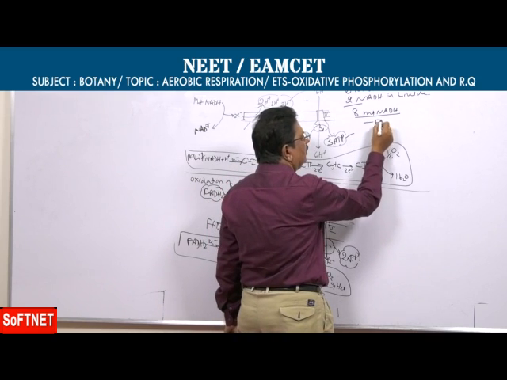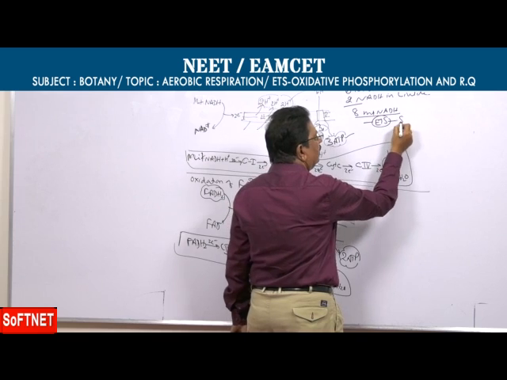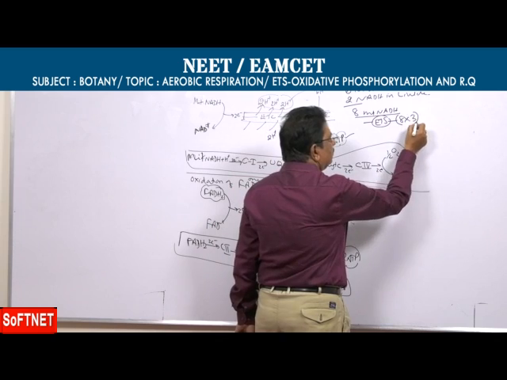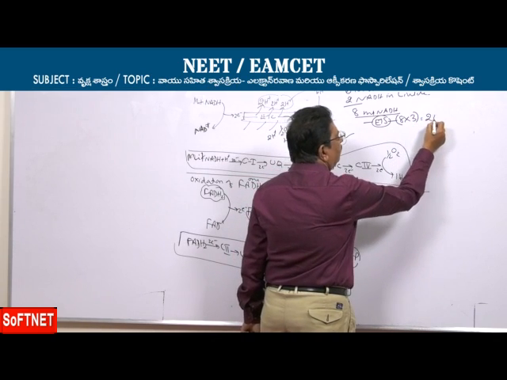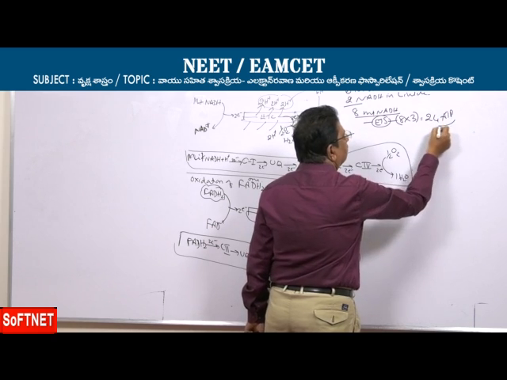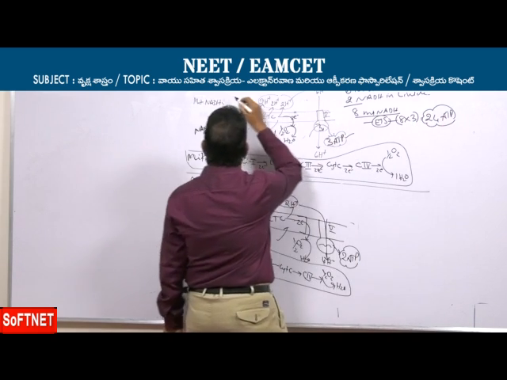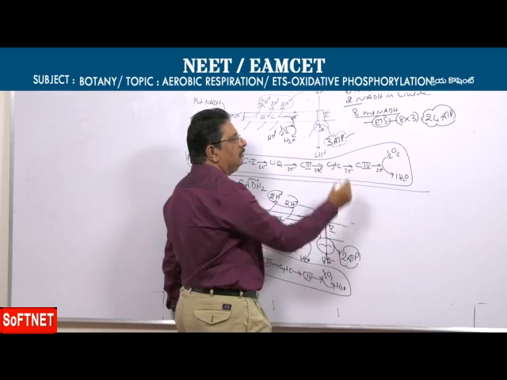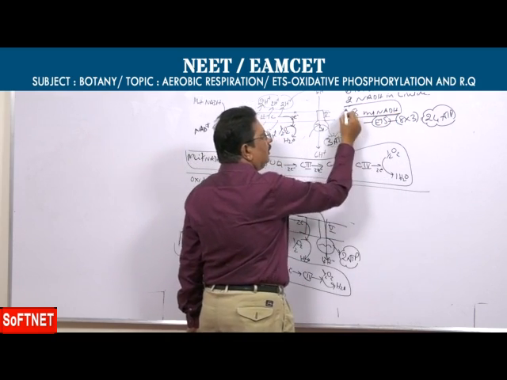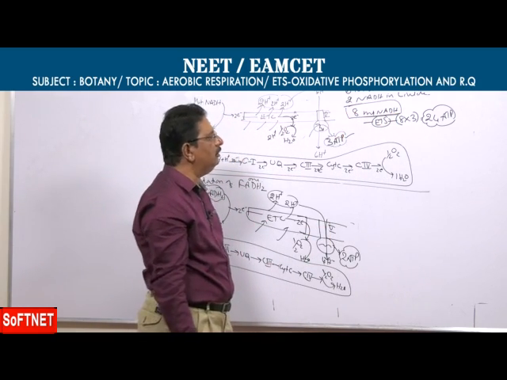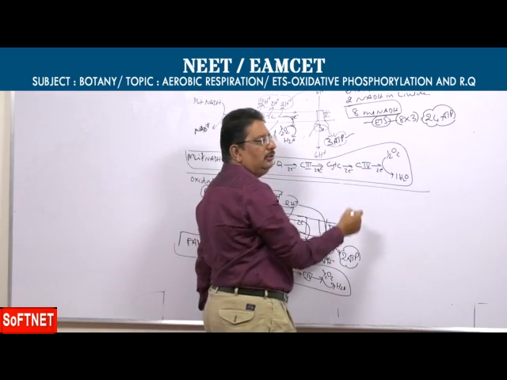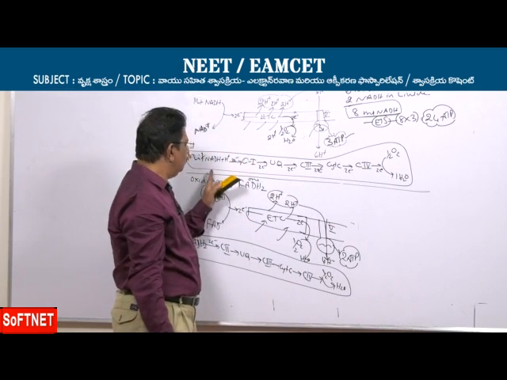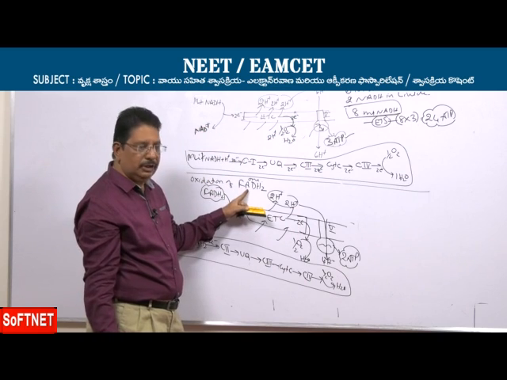So, through ETS, these 8 mitochondrial NADHs oxidize and form 24 ATP. So, 1 mitochondrial NADH results in 3 ATP. There are 8 mitochondrial NADHs altogether formed during aerobic respiration in this split. Finally, 24 ATP. So, next one is oxidation of FADH2.